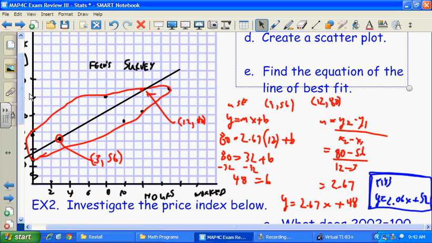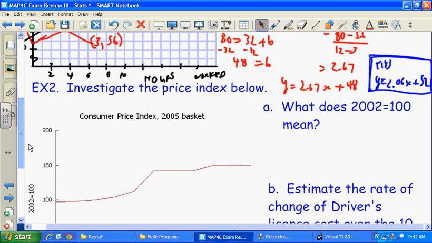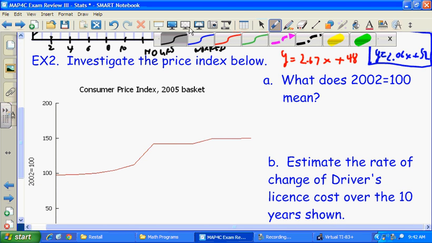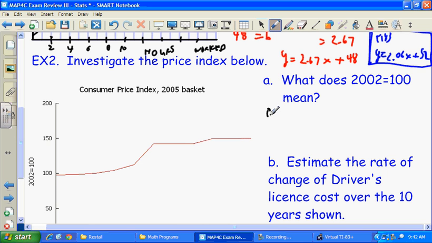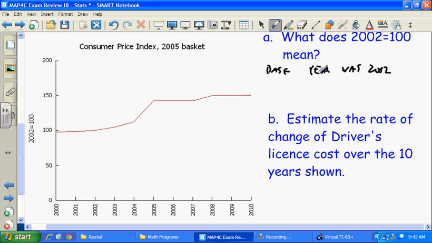All right, this video is getting long, but we got one more little example to do, and then off we go. What does 2002 mean? Well, 2002 is the base year. Whatever we're measuring for the price index, in this case it's driver's licenses, they calculated it, and then all the percent changes, they go back and they compare to 2002.